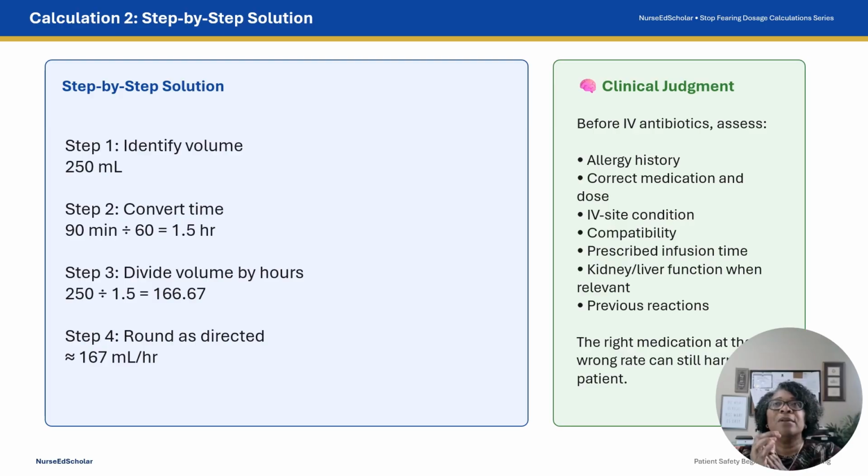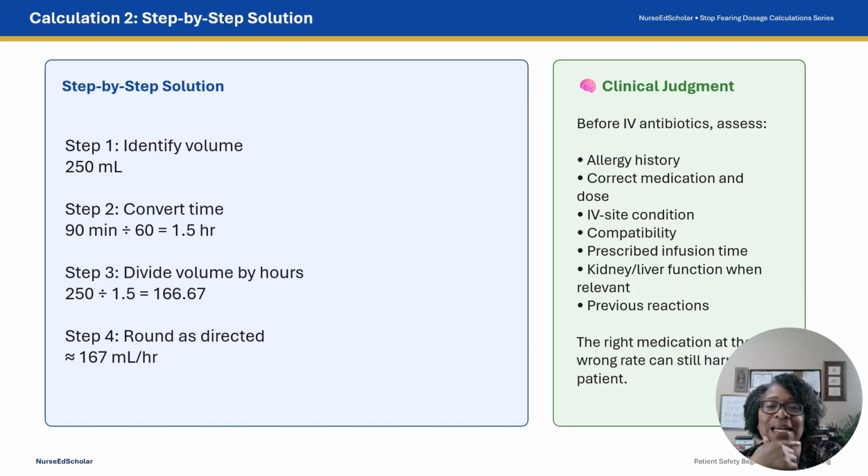If the pump is programmed to the whole number, and typically on exams instructors will ask for the whole number, we need to round. And when we're rounding, we need to round to the pump capabilities and to the faculty policies. And so that would give you approximately 167 milliliters an hour in the pump.